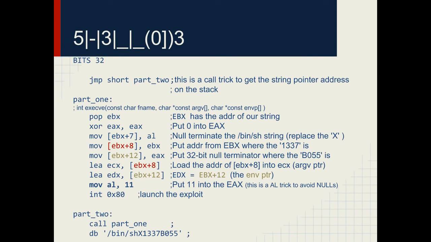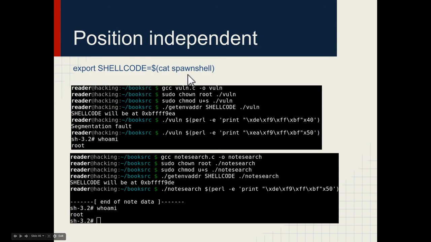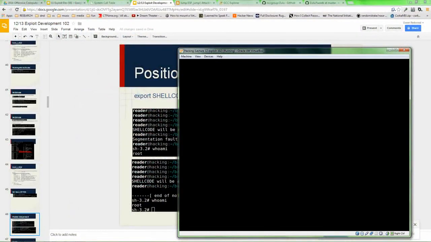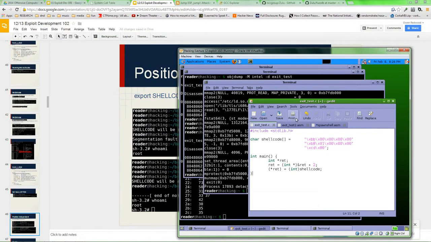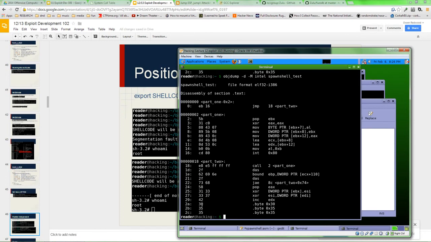We move it into AL. And what that gives us is success. Also, the shellcode, I believe, is shorter. So we have the following shellcode, and we now have mov al, 11.